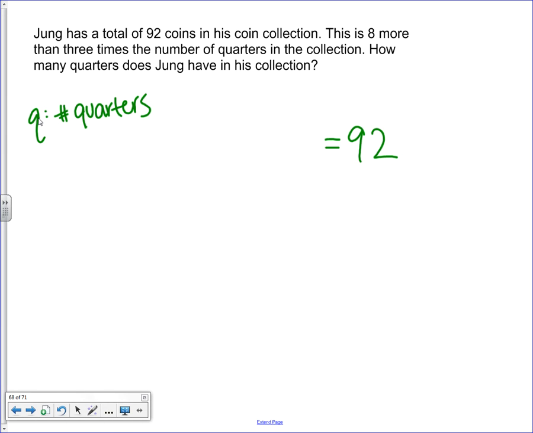How do I show 8 more than? 3 times the number of quarters. 3q. Solve it. Equals a 92. Solve it.